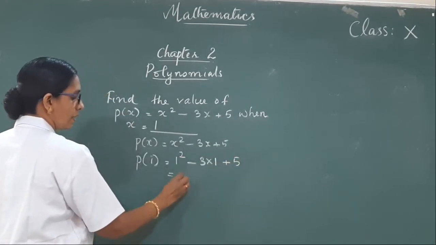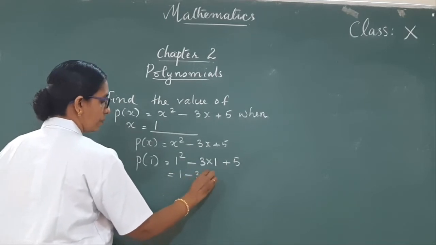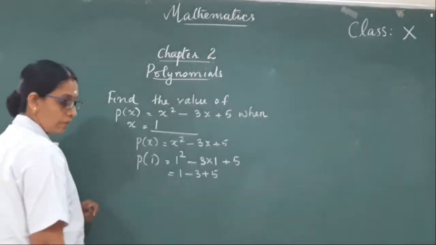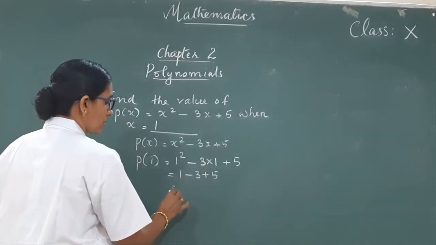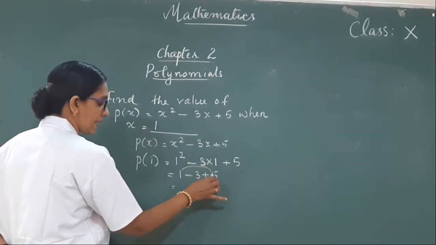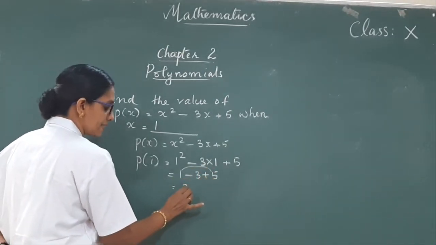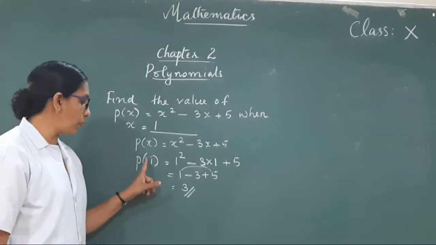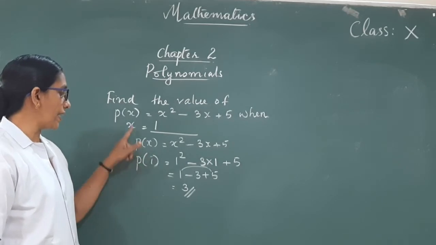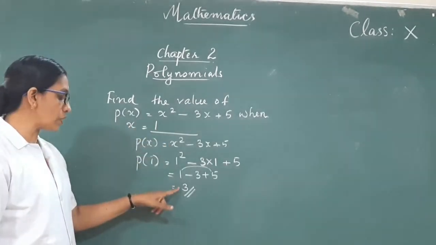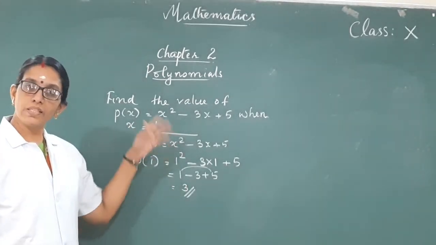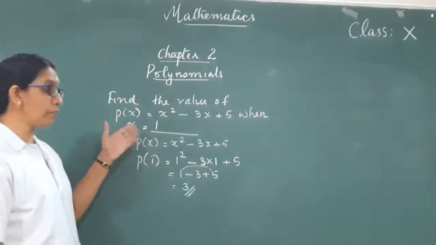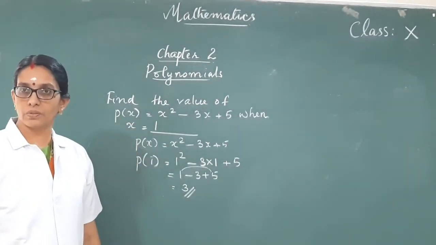What is it? 1 minus 3 plus 5. 1 plus 5 is 6, 6 minus 3 is 3. So the value of the polynomial when x is equal to 1 is equal to 3. This you know. You have done so many problems in 9th standard also.